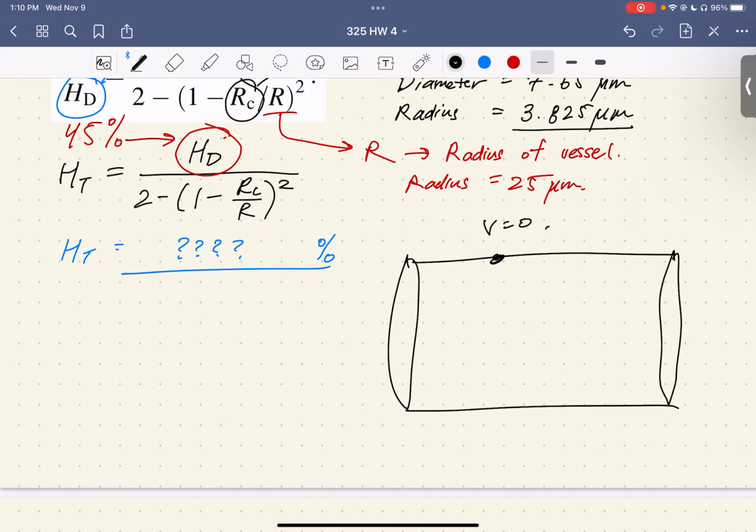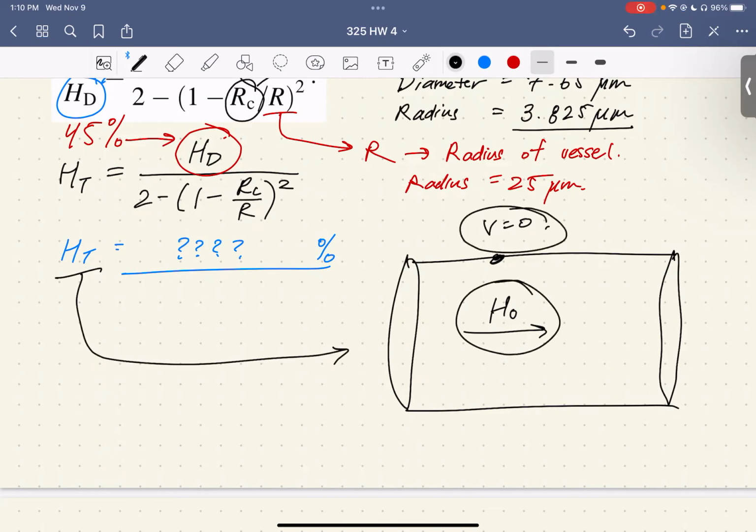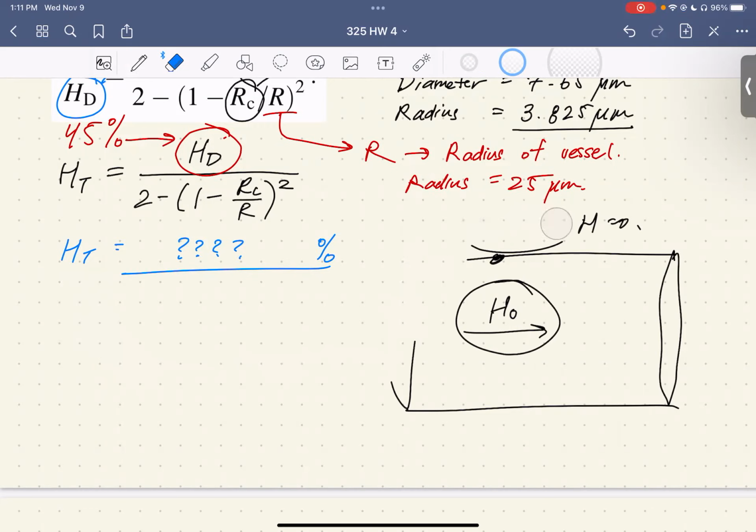We can assume that the local hematocrit value at the wall is 0 in the region near the wall. Over here, we can assume that this is our unknown H0. We're essentially relating HT in this kind of distribution pattern. We have H0 over here, and we have V0 over here, and this is a hematocrit of 0, right? So with that being said, I'm going to erase this just so we can have some more space.